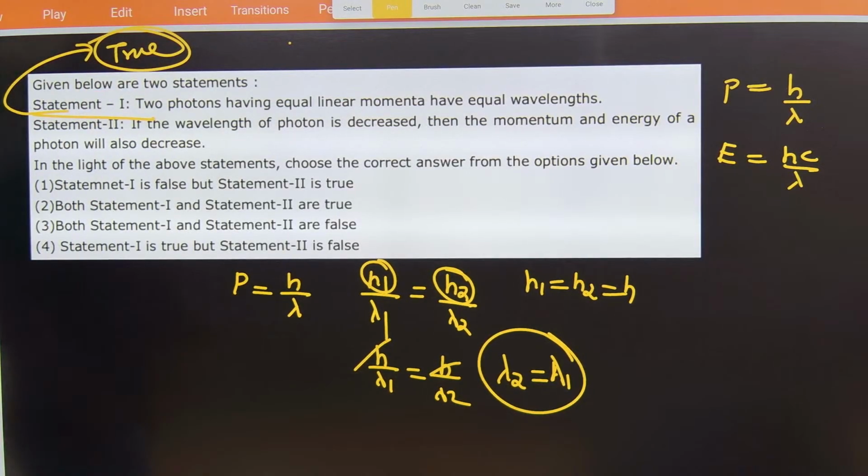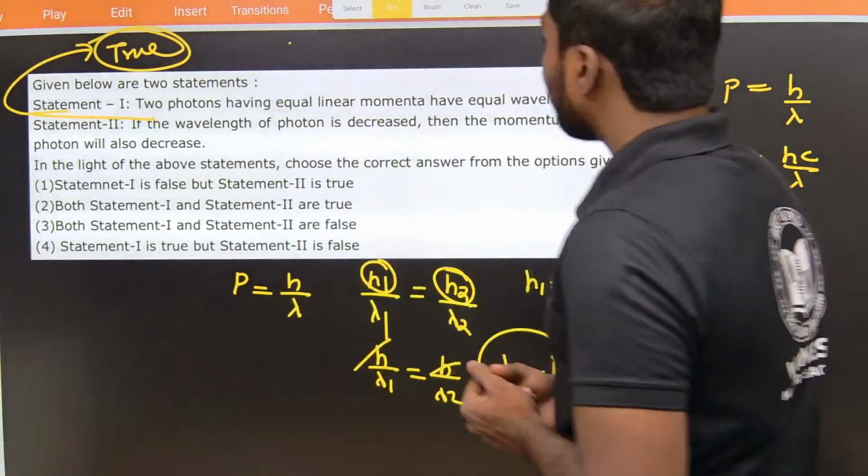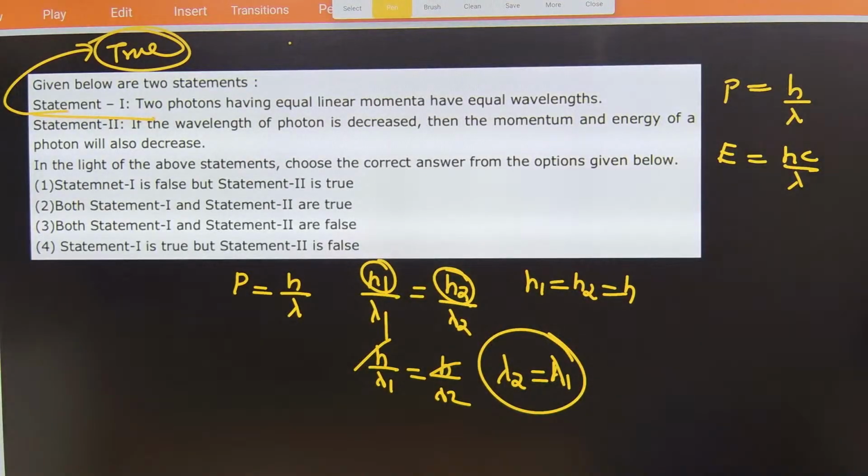What about statement 2? If the wavelength of the photon is decreased, then the momentum and energy of the photon will also decrease.